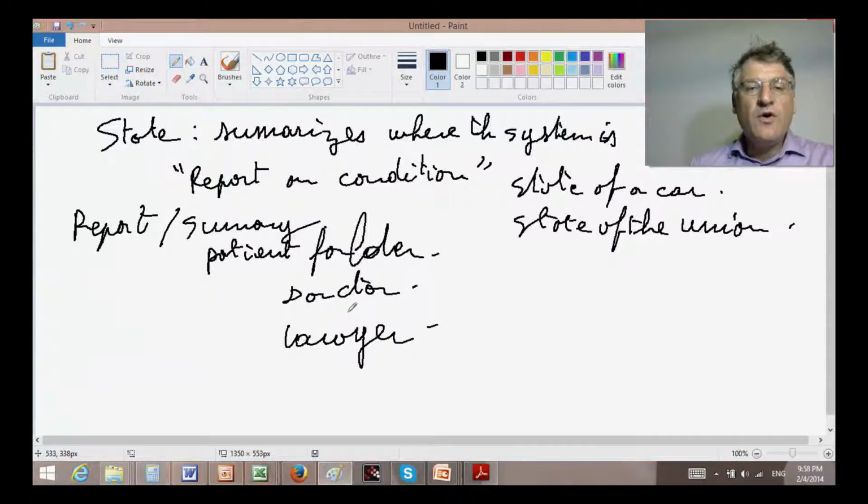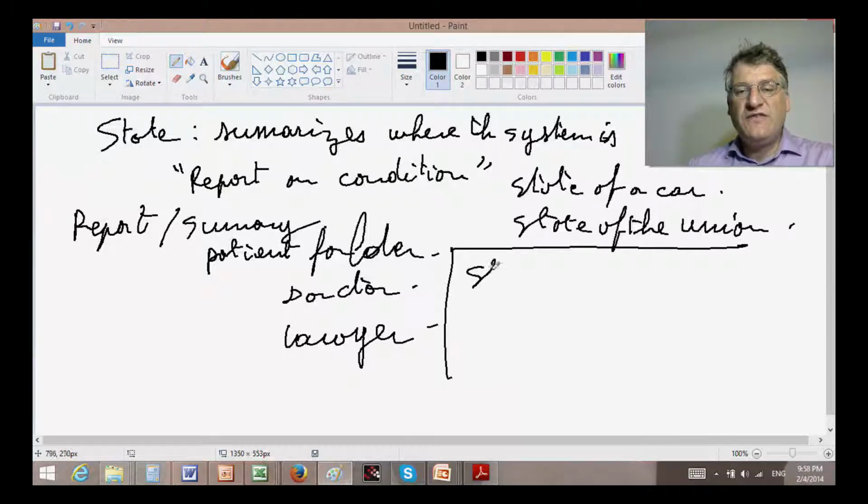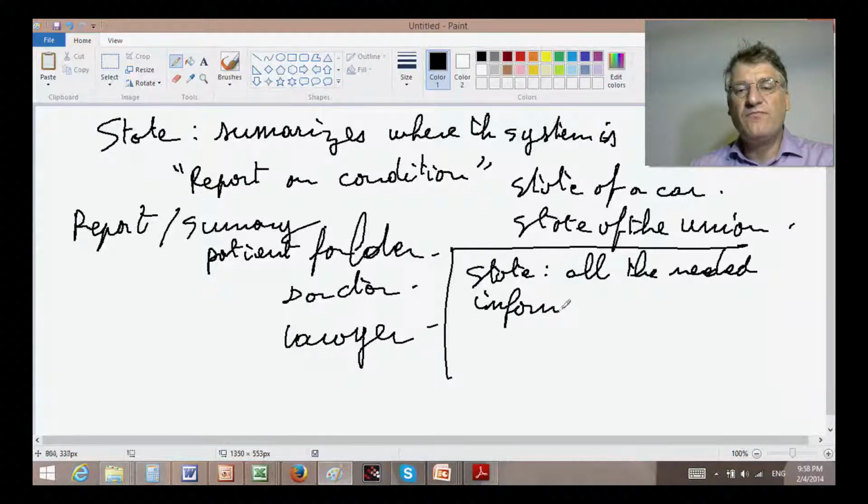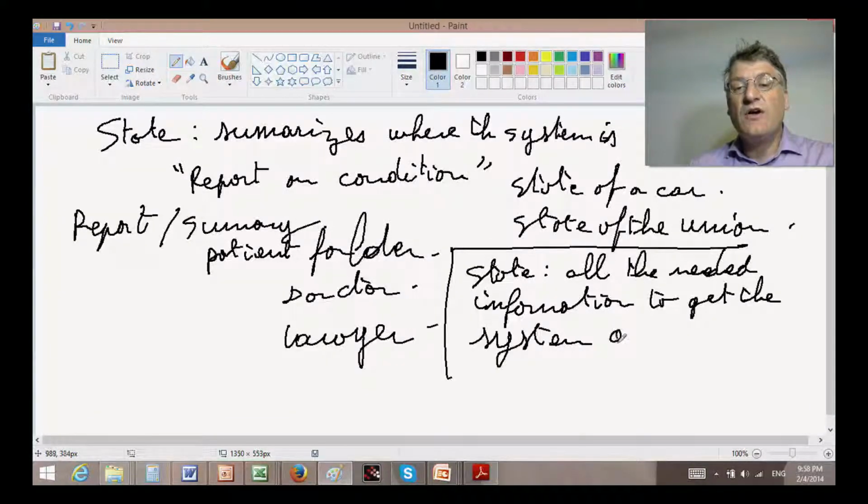So what is the equivalent to that for a dynamical system? Well, the state is defined as all the needed information to get the system going from there.